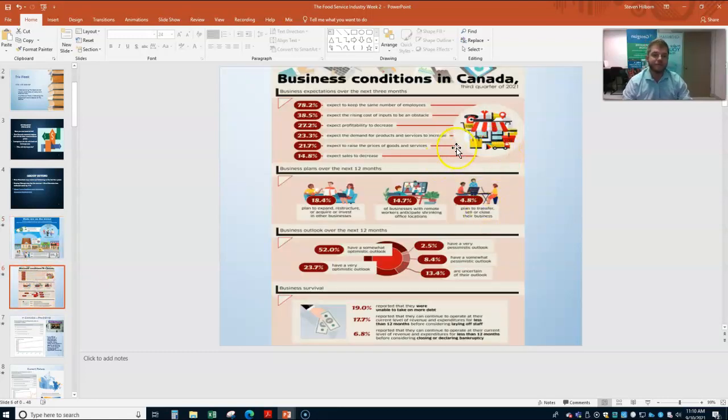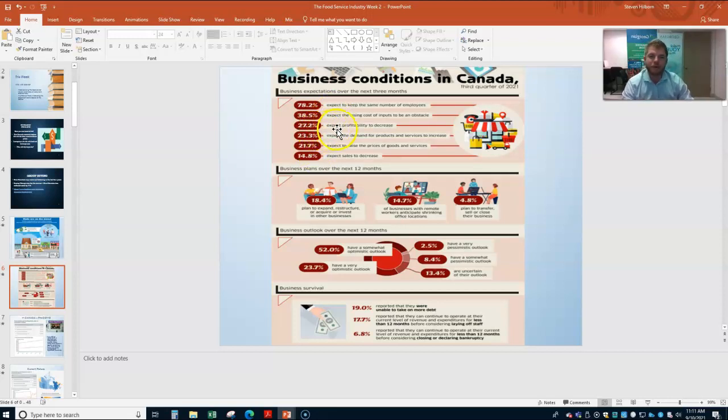So these are some of the business conditions currently happening in Canada, third quarter of 2021. This is up to about August 2nd, so very, very new information. Some of the business expectations over the next 3 months: almost 80% plan to keep the same number of employees. 40% of people expect the rising cost of inputs to be an obstacle, so all of my food, beverage, uniforms, linens, all this kind of stuff.